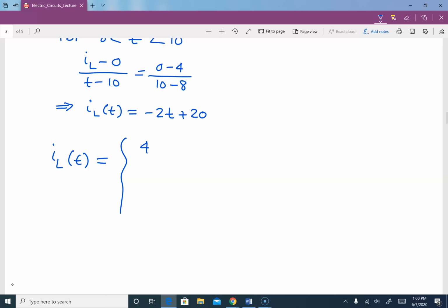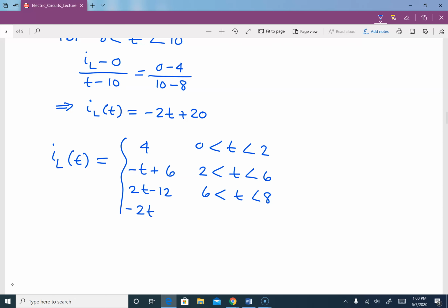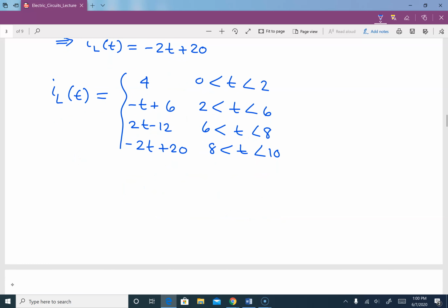It is 4 for t greater than 0 and less than 2, negative t plus 6 for t greater than 2 and less than 6, and then 2t minus 12 for t greater than 6 and less than 8, and negative 2t plus 20 for t greater than 8 and less than 10. So now we have our IL of t.